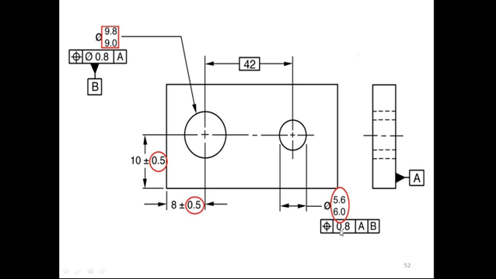The position of this circle's center axis is within 0.8 with respect to surface A, and with respect to B, the circle datum, it is 0.8. So like this we can show GD&T symbols in our drawing.